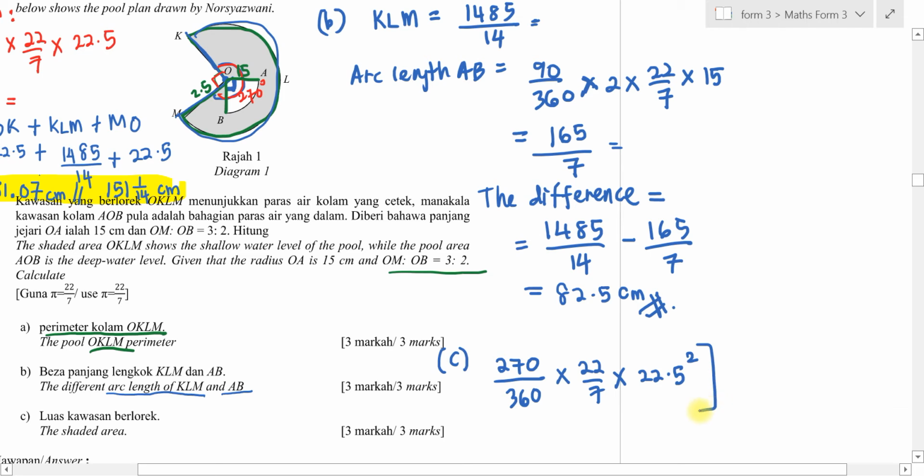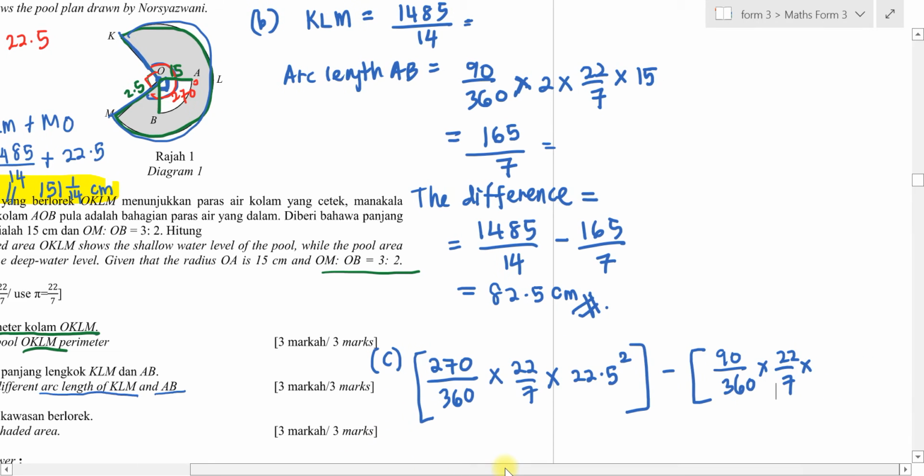Remember that. This is the whole area minus the small area. The small area, what is it? We have 90 over 360 times pi times the radius, for the small quadrant is 15. So 15 square.